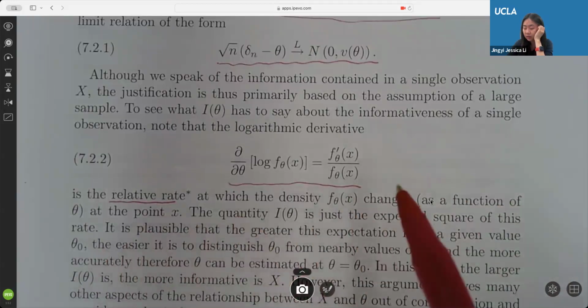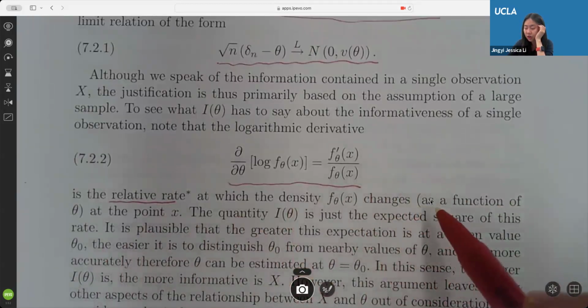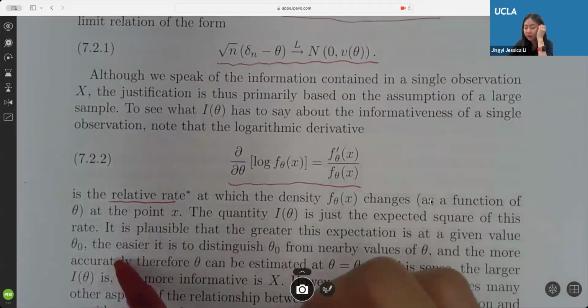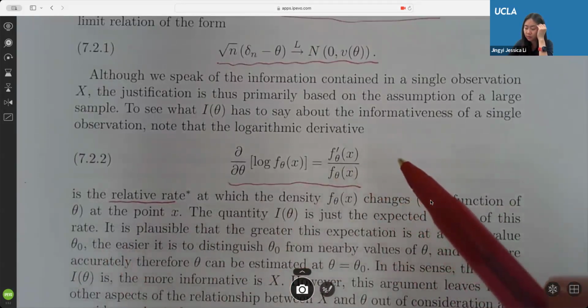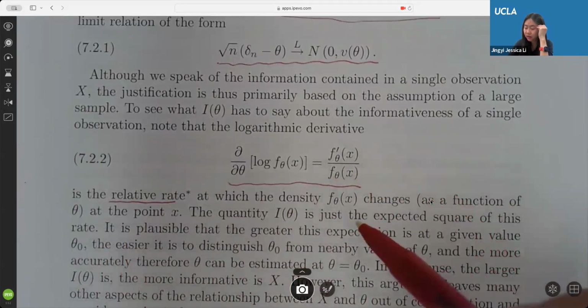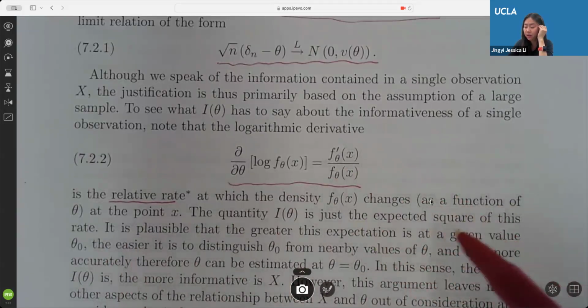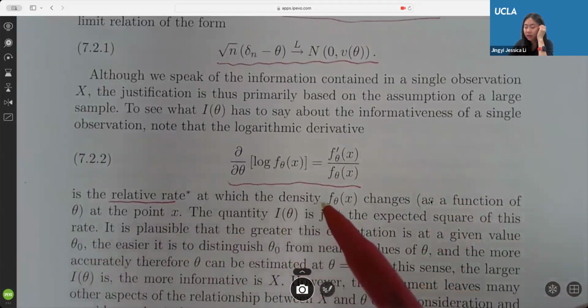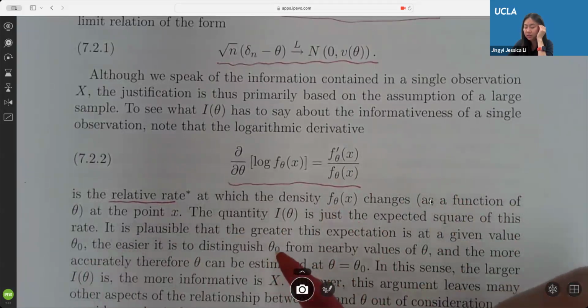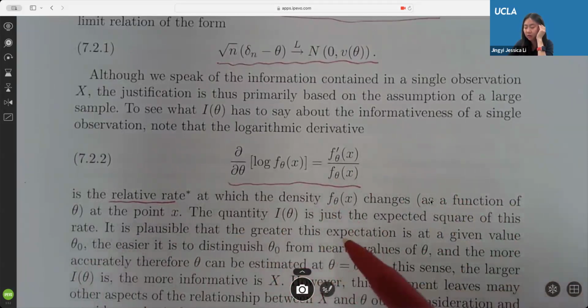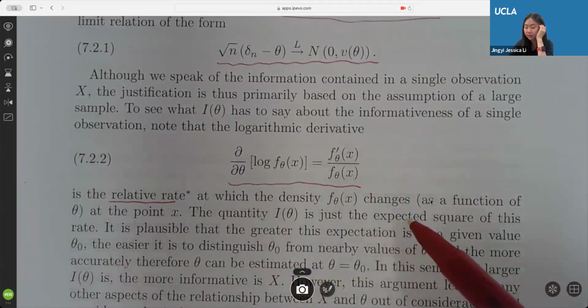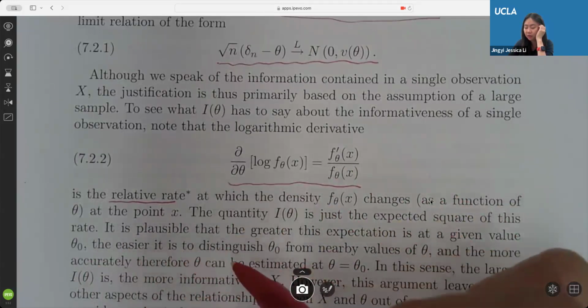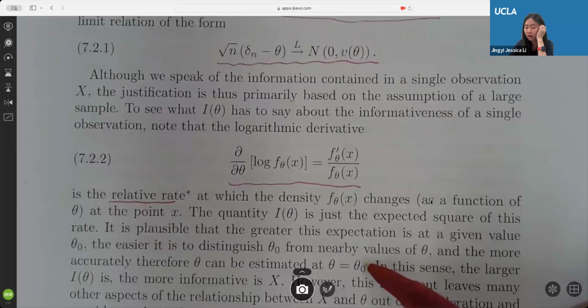The quantity I(θ) is just the expected square of this rate. It is plausible that the greater this expectation is at a given value θ0, the easier it is to distinguish θ0 from nearby values of θ, and the more accurately therefore θ can be estimated at θ0. In this sense, the larger Fisher information is, the more informative is x.